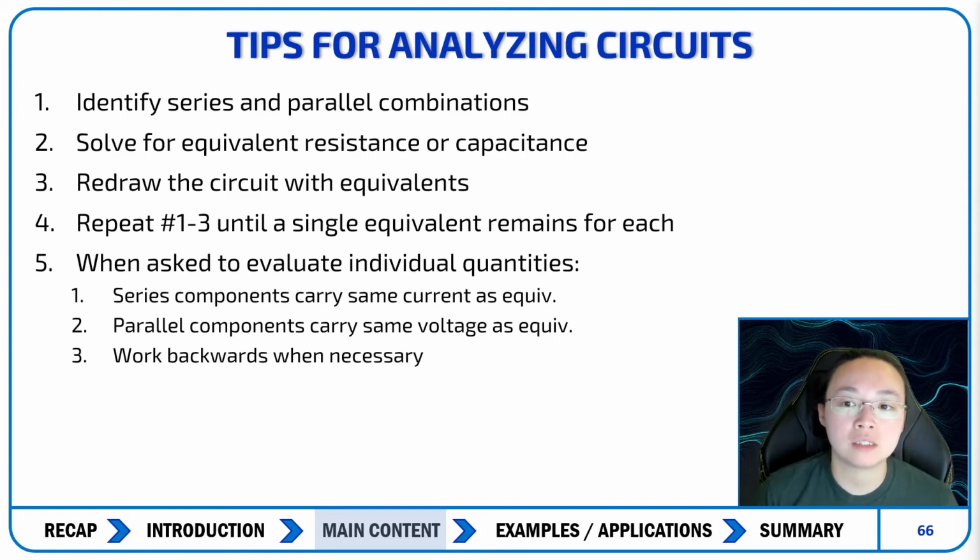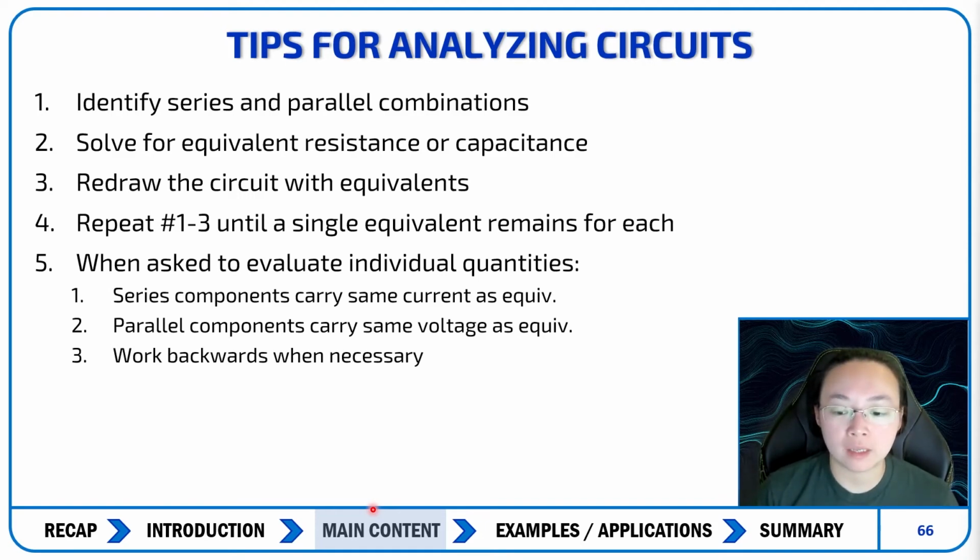Afterwards, when you're asked to evaluate individual quantities, you can consider how series components will carry the same current as the equivalent, and parallel components, whether resistors or capacitors, are going to carry the same voltage as the equivalent. Sometimes you have to work backwards if required for the question.